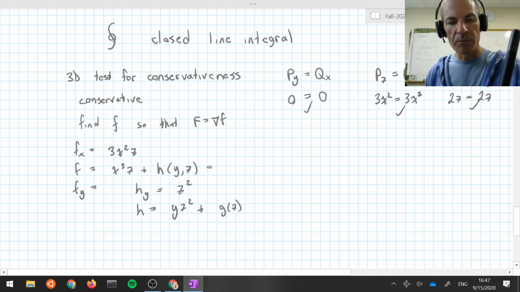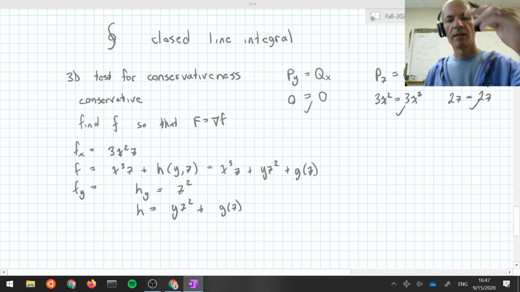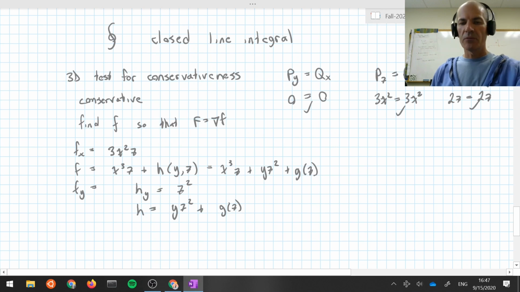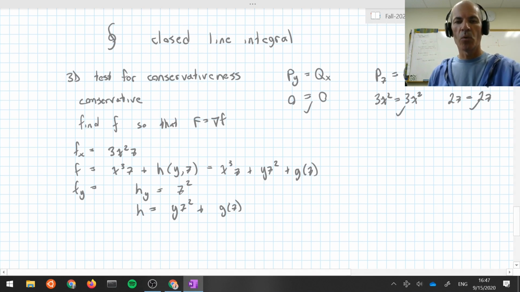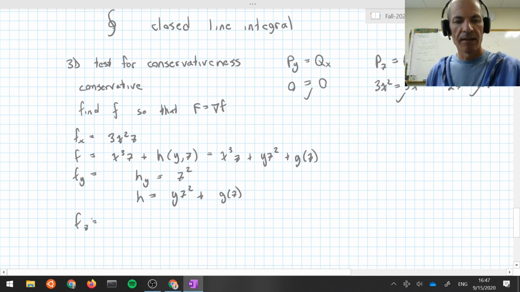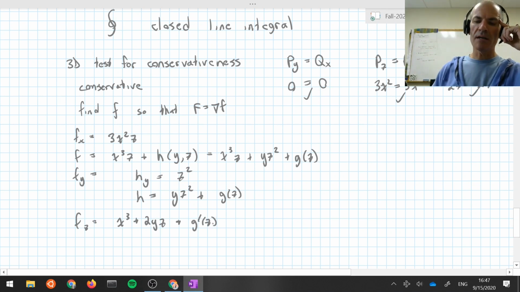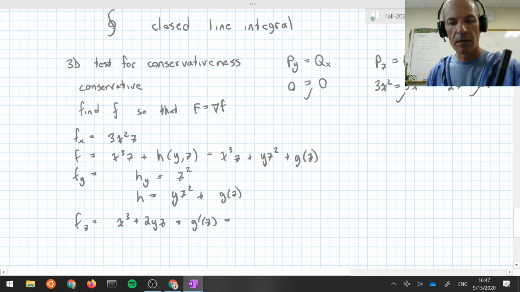So now we've learned a little bit about f. We know it's x cubed z plus y z squared plus g of z. Well, how are we going to figure out the g of z? We have a third coordinate that we can work with. So let's take the derivative of f as it now stands with respect to z. Doing so, I get x cubed plus 2yz plus g prime of z. And notice I'm using prime now because there's only one variable left.